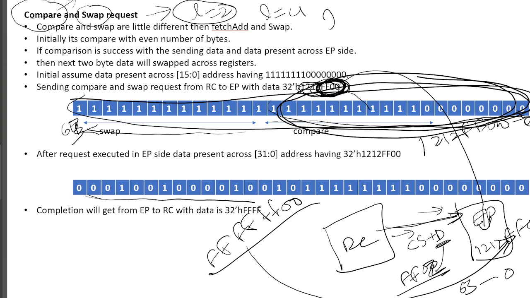So it will compare the existing data with the data you are sending in the first 32 bits. If it is the same, then the remaining 32 bits, 1212, will be written. First is FF00, you are sending FF00, so the comparison is done. Once the comparison is done, the 1212 data will replace the remaining 32 bits.